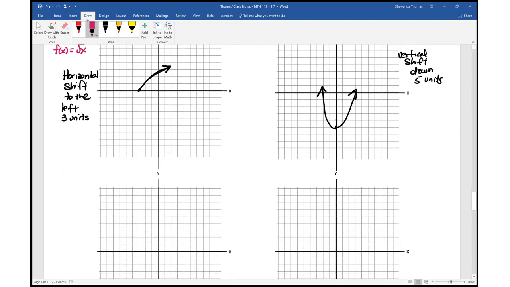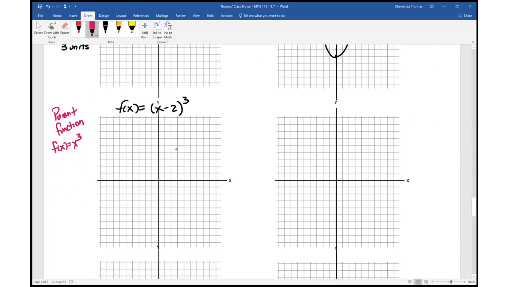What about f of x equals x minus 2 cubed? What is the parent function? The parent function is the cubic function, f of x equals x cubed. What is the shape? It looks like a snake. It's going to do something like this. However, do we have vertical shifting or horizontal shifting?